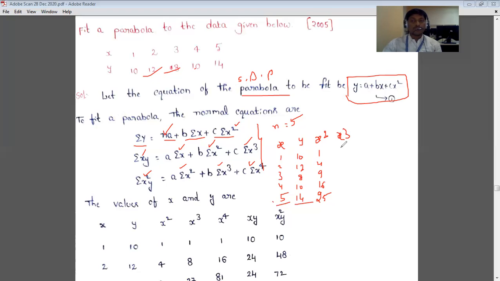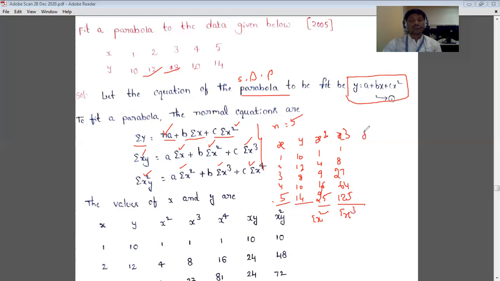For x cube we cube these numbers: 1, and 4 into 2 is 8, 27, and in the same way 64, and next this is 125. These are the x cube terms. By adding all these values we get summation x square, and by adding these values we get summation x cube.